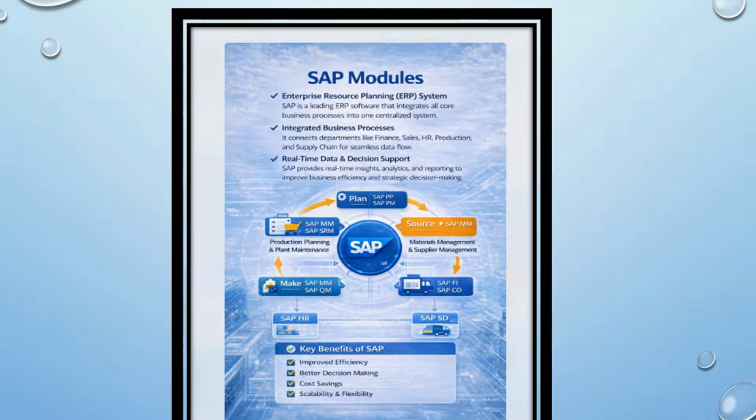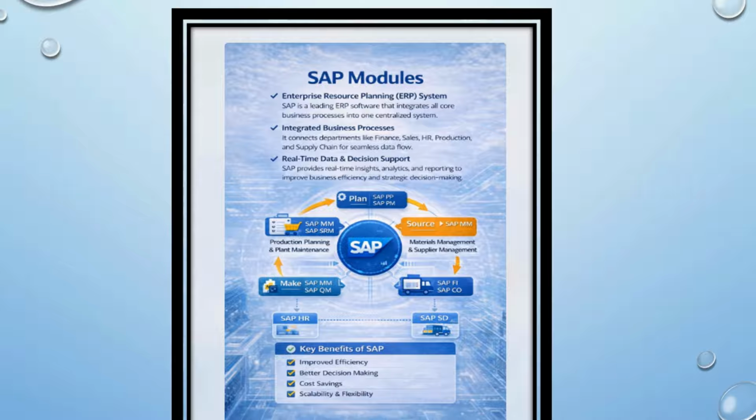It connects departments like finance, sales, HR, production, and supply chain for seamless data flow, real-time data and decision support. SAP provides real-time insight, analytics, and reporting to improve business efficiency and strategic decision making.